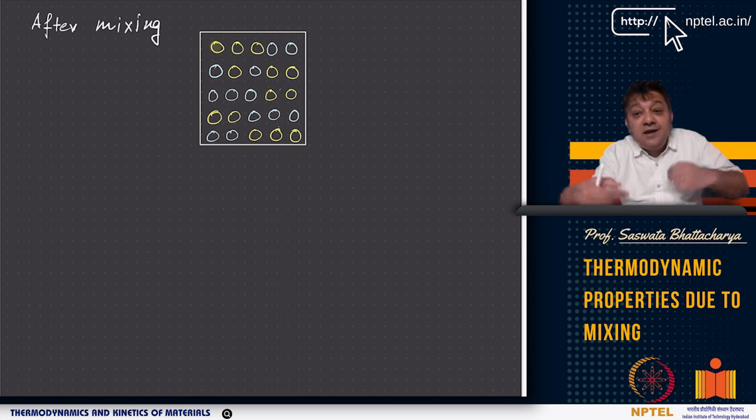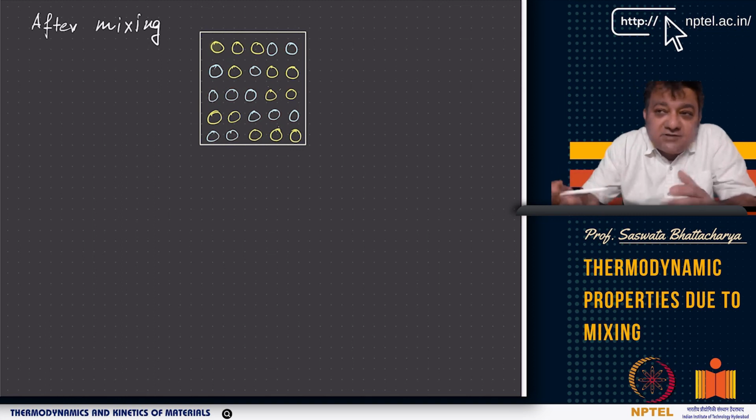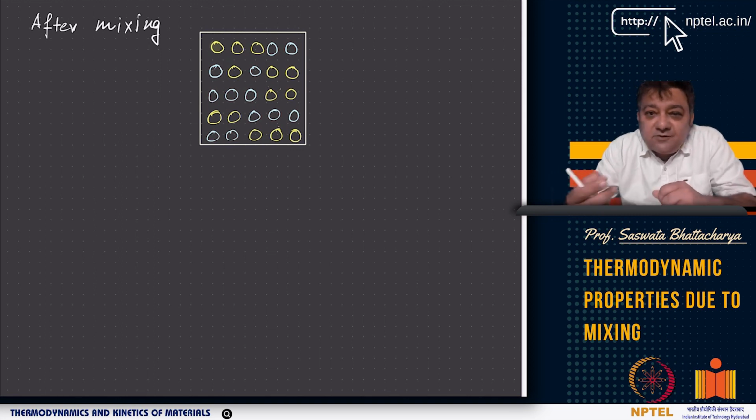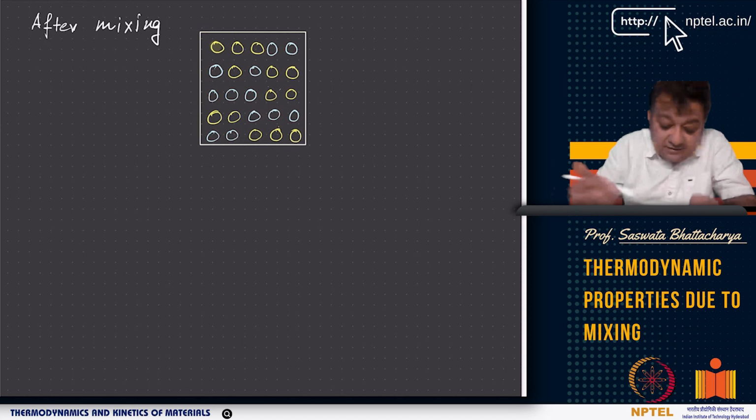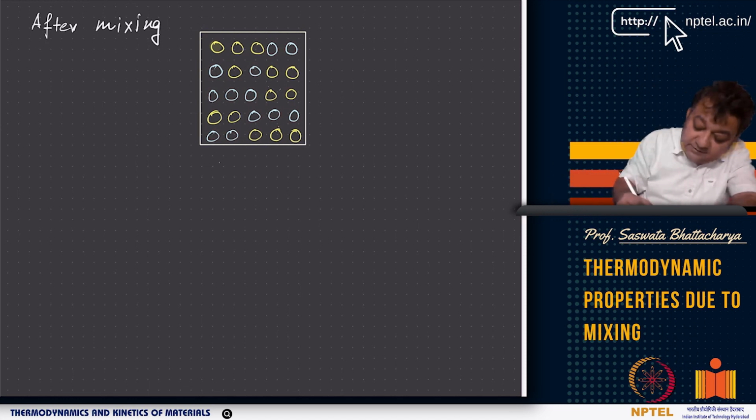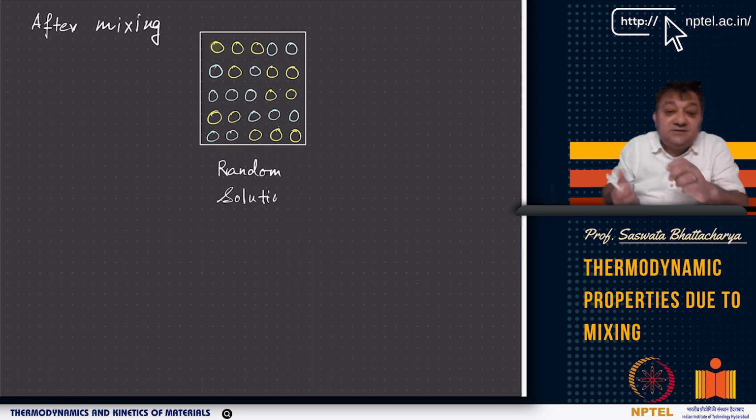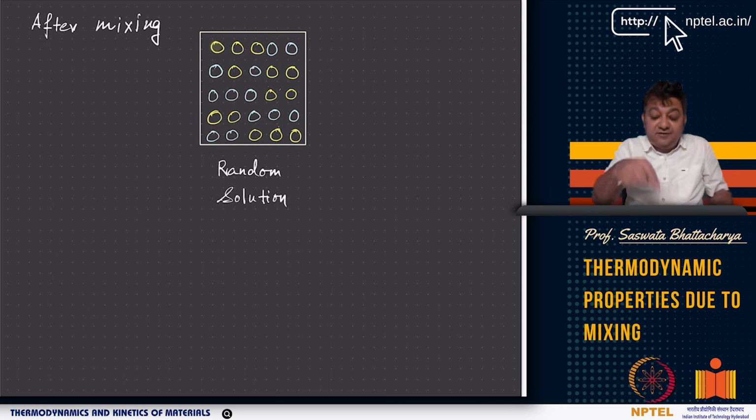In a liquid solution we call it an average atom. The solution has become random. Now, if you remember the statistical interpretation of entropy, the randomness increases, entropy increases. So if you have a random solution, you have an entropy term that is increasing.